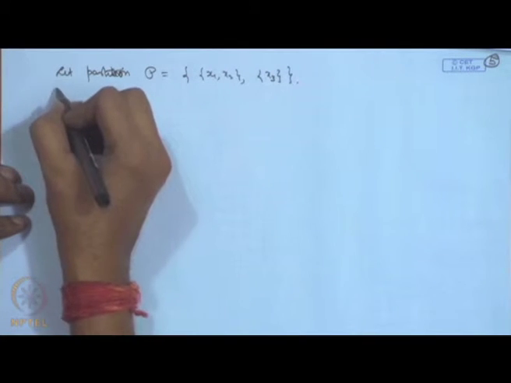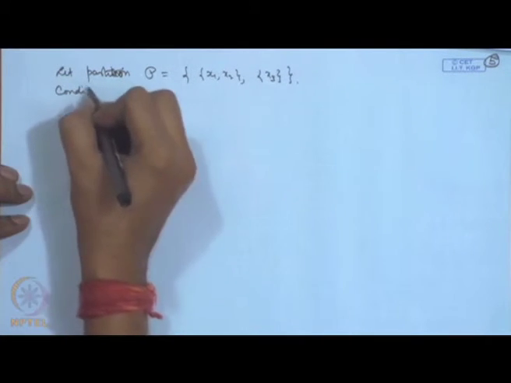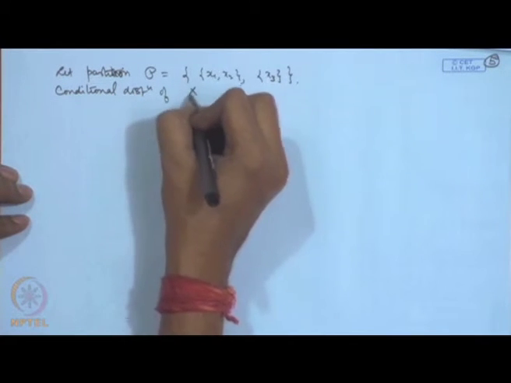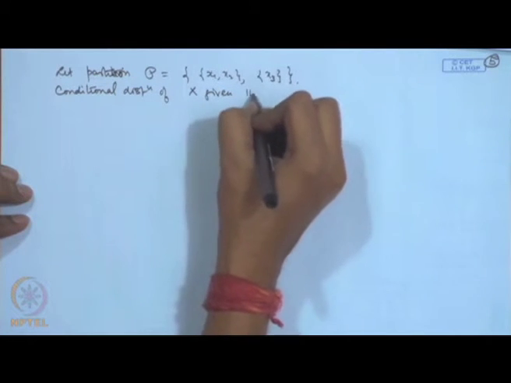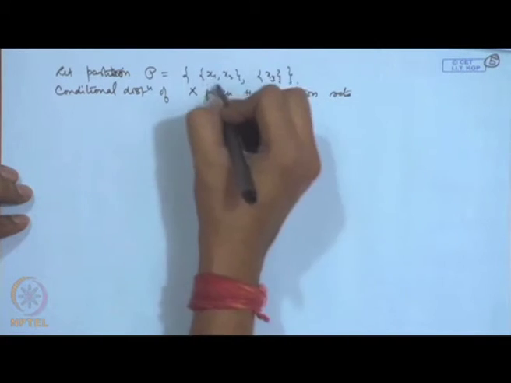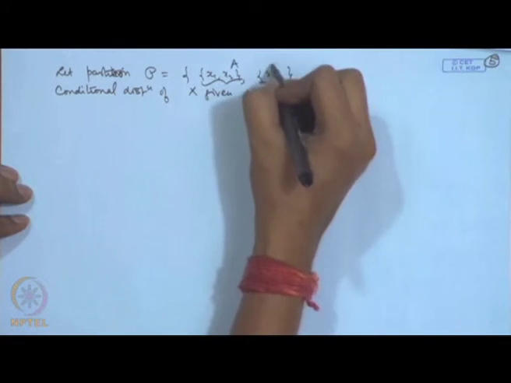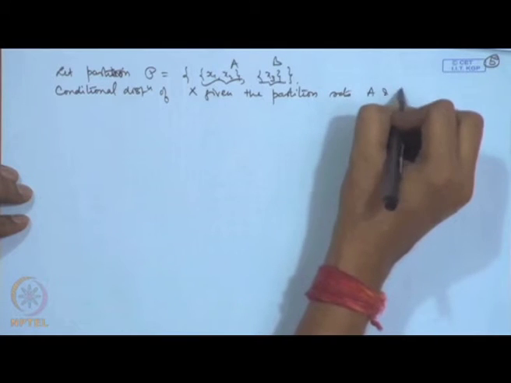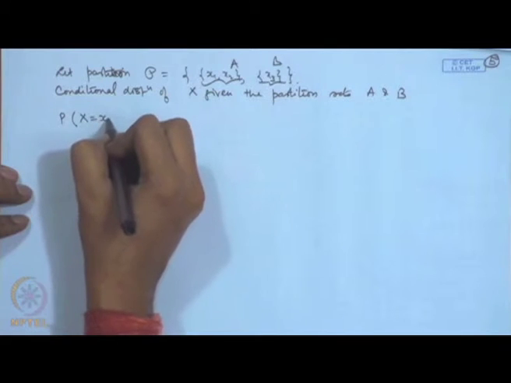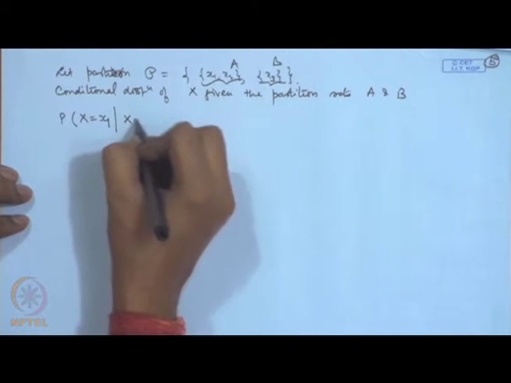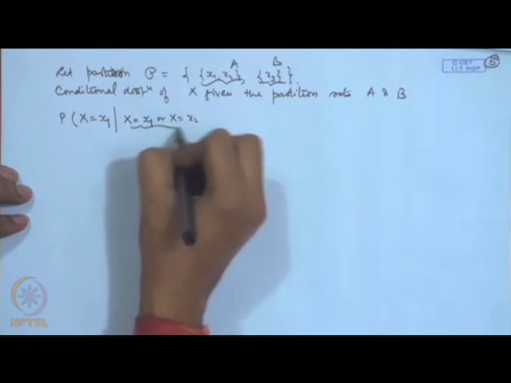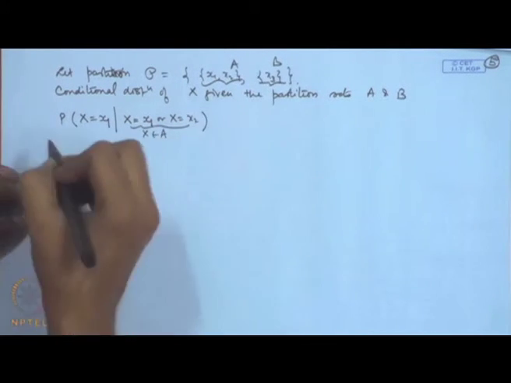Now, consider the conditional distribution of x given the partition sets. Here we have two sets. So, one set, let me call it A, another set I call B. So, what is the probability of x equal to x1 given say x equal to x1 or x equal to x2, that is given that x belongs to A?